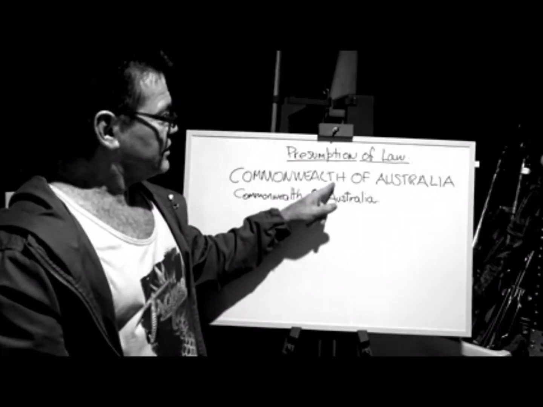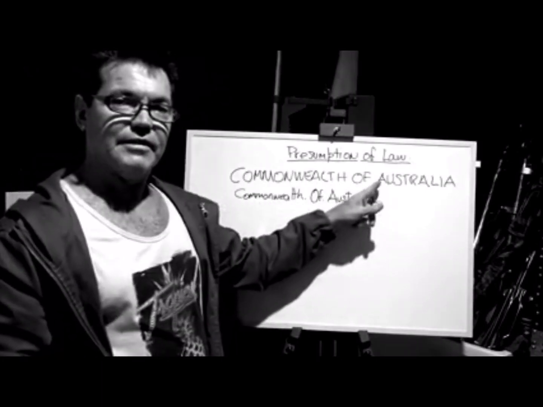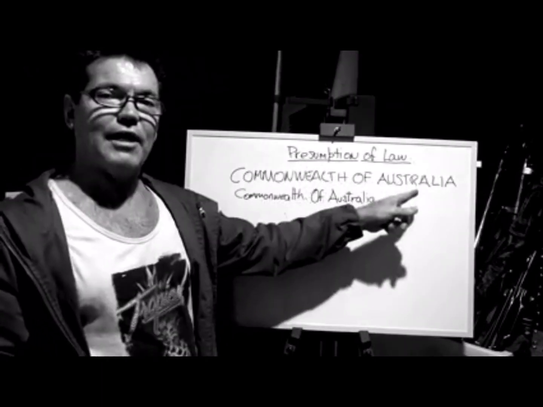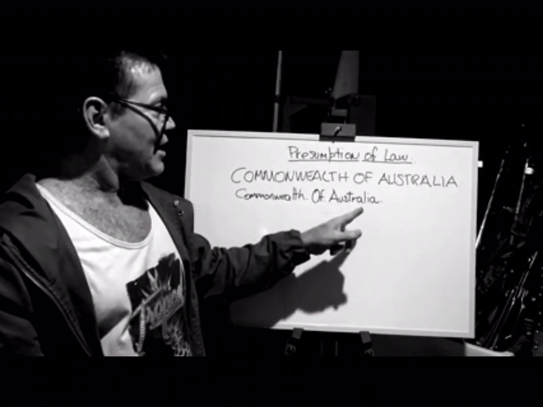So that's what caused this to be a presumption, because in fact it does not read Commonwealth of Australia. It reads Commonwealth and of and Australia.